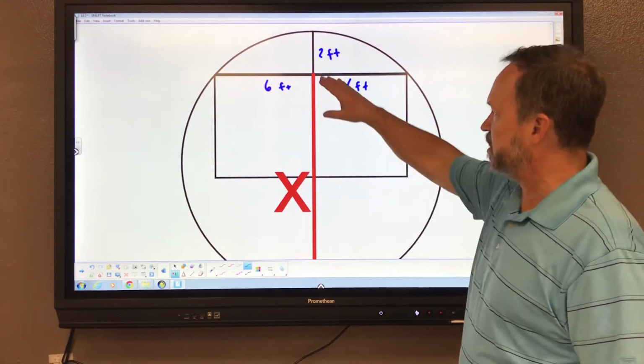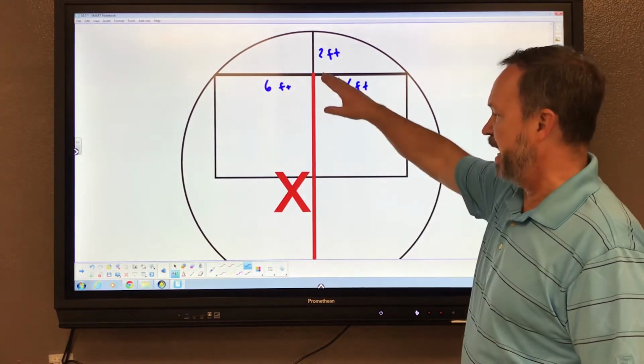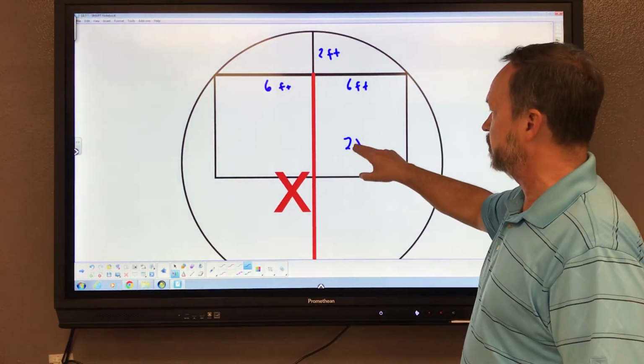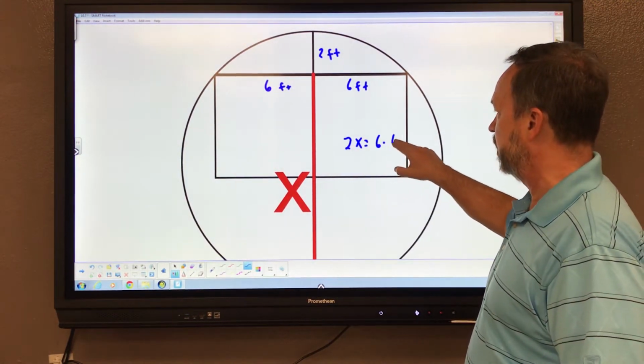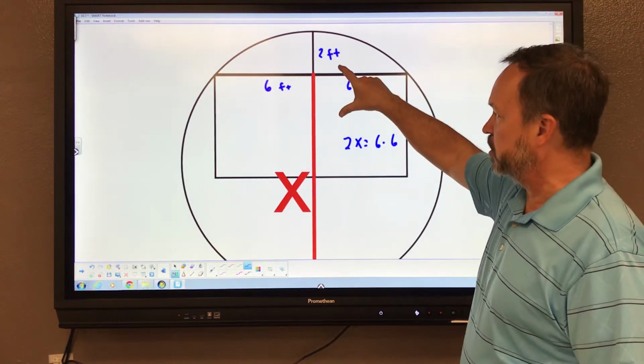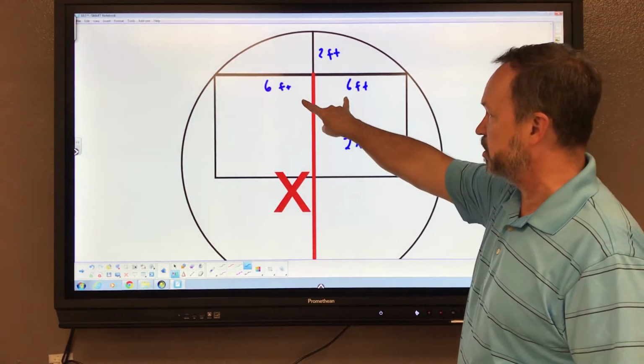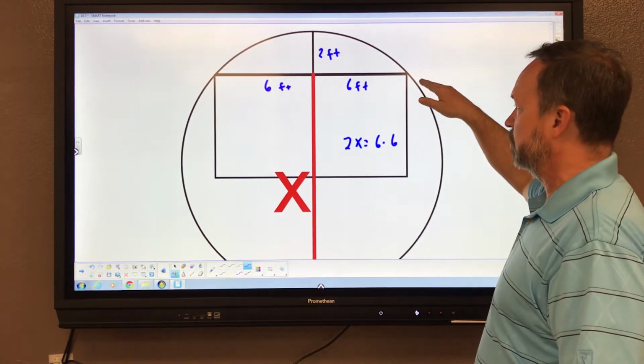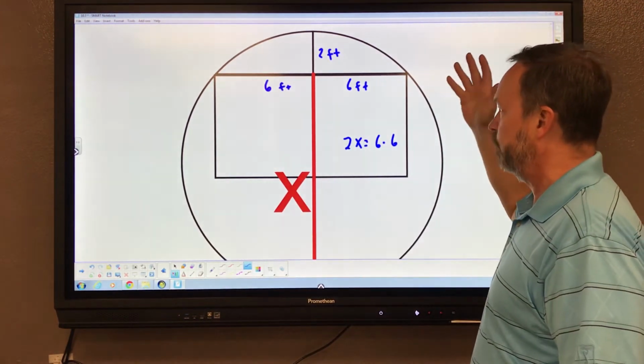So if I let this unknown piece here be x, and that's 2, what I know is that 2 times x has to be equal to 6 times 6. The product of those two chord segments has to be equal to the product of those two chord segments, because when you have two chords intersecting in a circle, that's how that works.